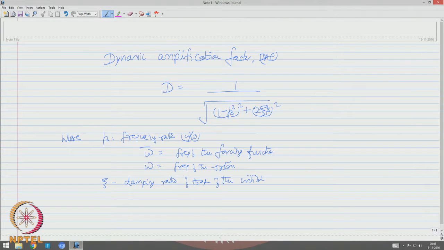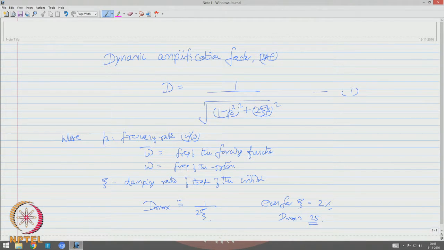We also said that the maximum amplification can happen at 1 by 2 zeta. So, even for zeta of 2%, the amplification can be as high as 25.